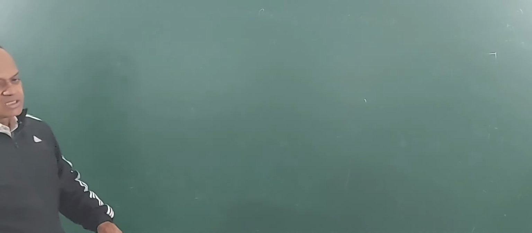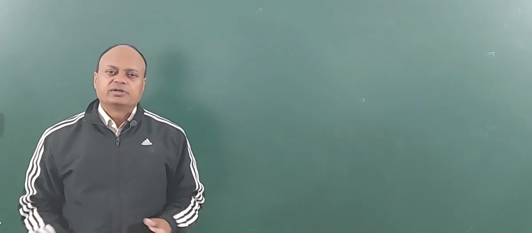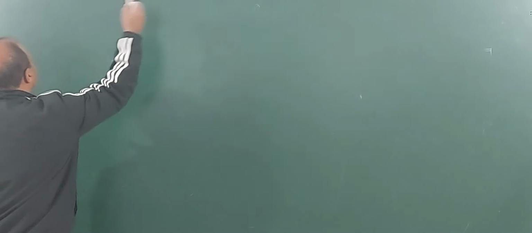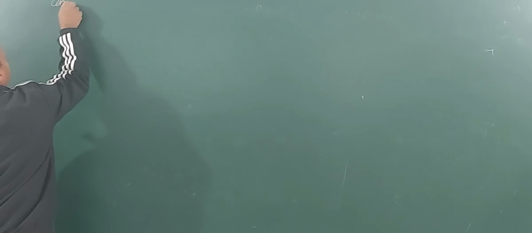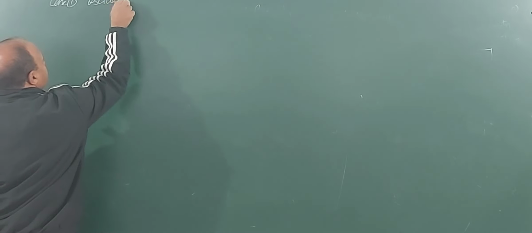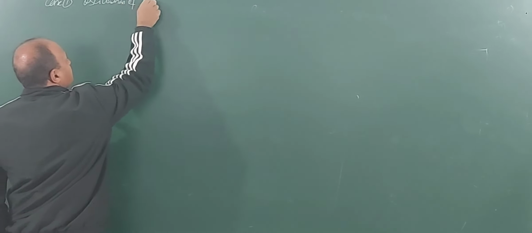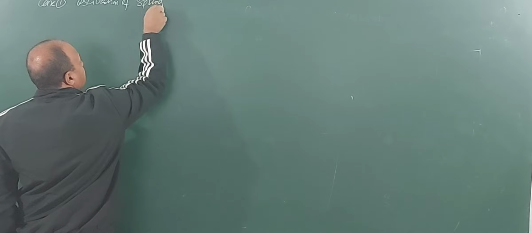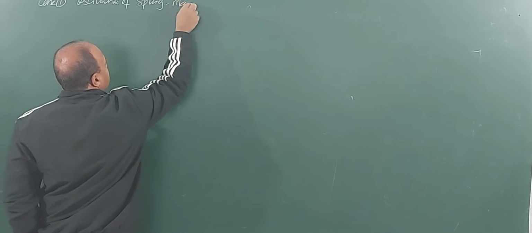Now, children, we will be discussing simple harmonic oscillations of a spring mass system. Okay, this is case 1, oscillation of spring mass system.